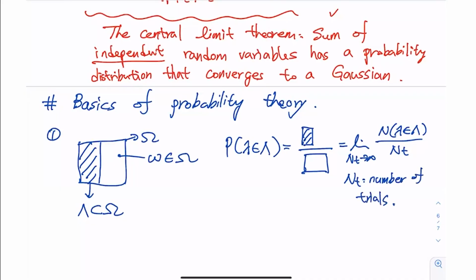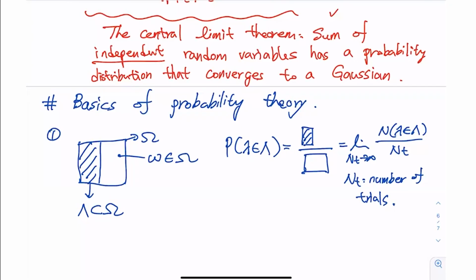So basically you just sample or try to pick up the element NT times, and you ask how many times I will get the element that is from this subset lambda, and the ratio of this number where we got an element that is in the subset lambda with the number of trials, at the limit where the number of trials goes to infinity, is the probability of that subset.